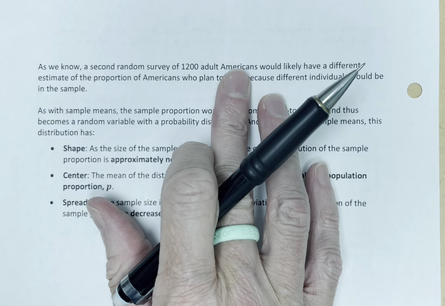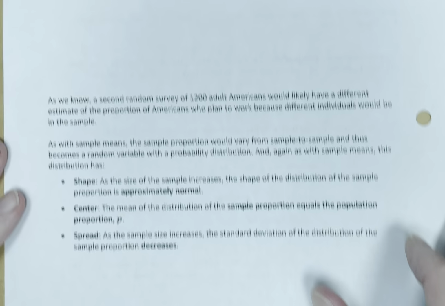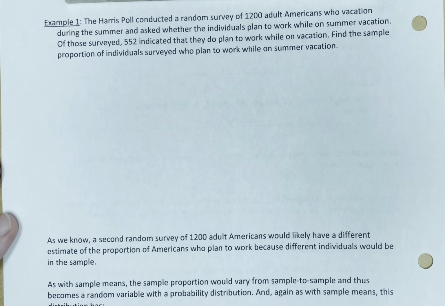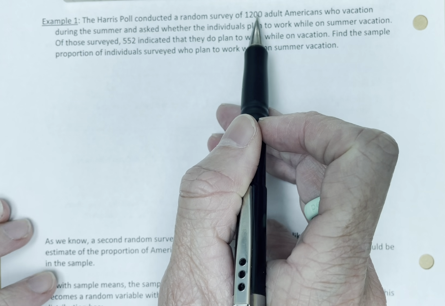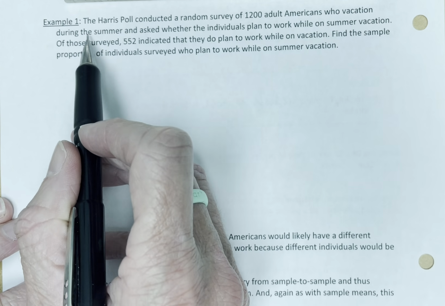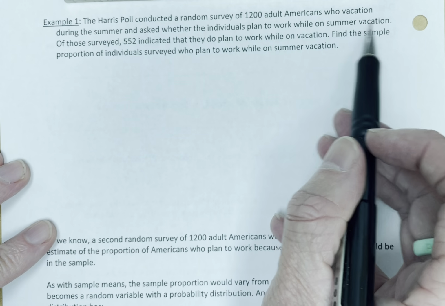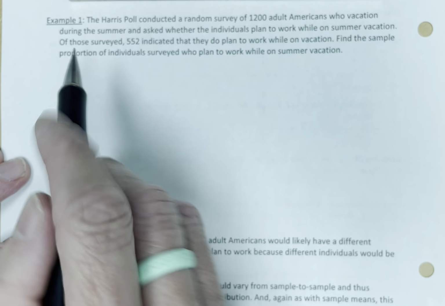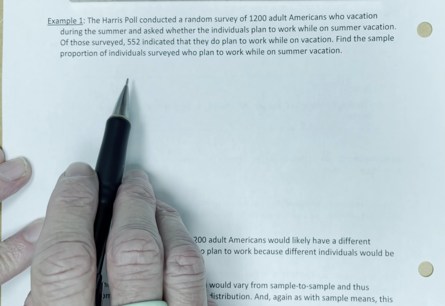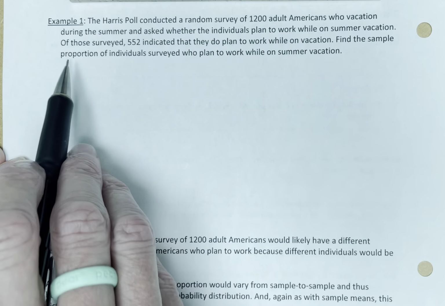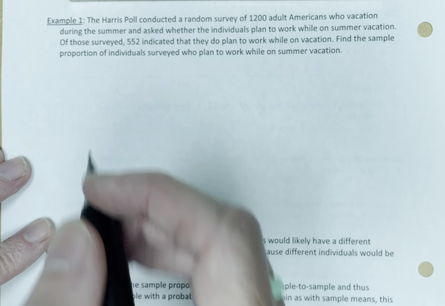All right, let's do an example or two of that. The Harris Poll conducted a random survey of 1,200 adult Americans who vacation during the summer and asked whether the individuals plan to work while on summer vacation. Of those surveyed, 522 said they do plan to work while on vacation. Find the sample proportion of individuals surveyed who plan to work while on summer vacation.